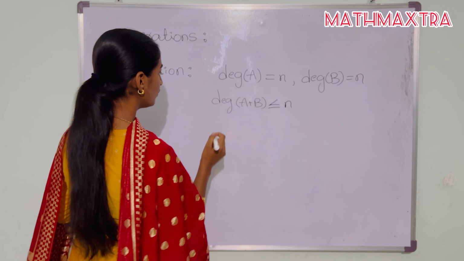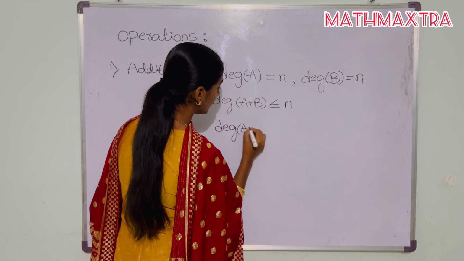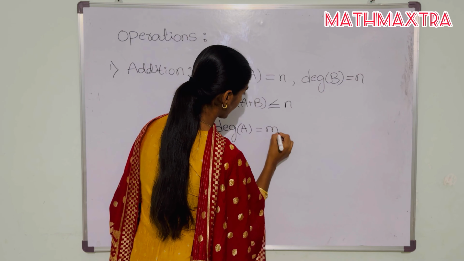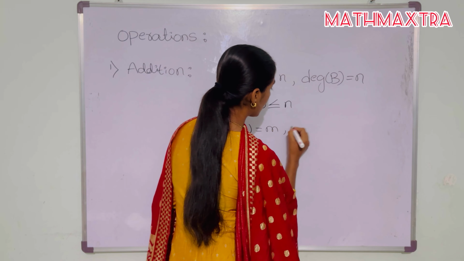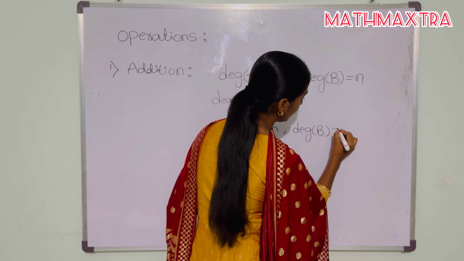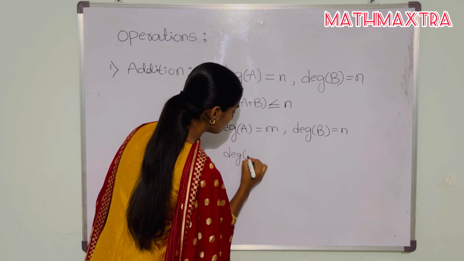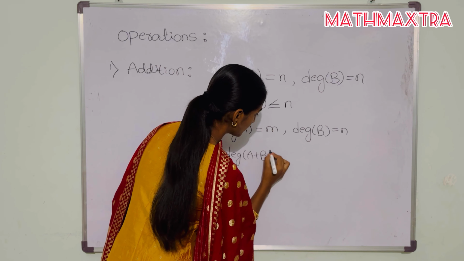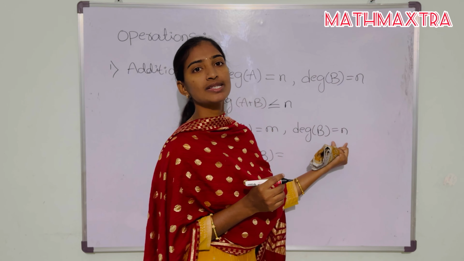Okay. So now what happens if we take different degree expressions? I am considering one expression a of degree m and another expression b of degree n. Now tell me, what is the degree of a plus b? Here, it is nothing but the maximum of these two.